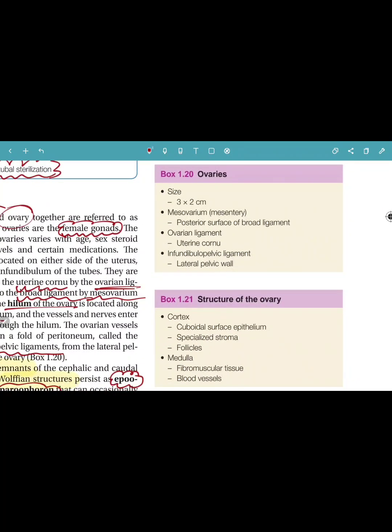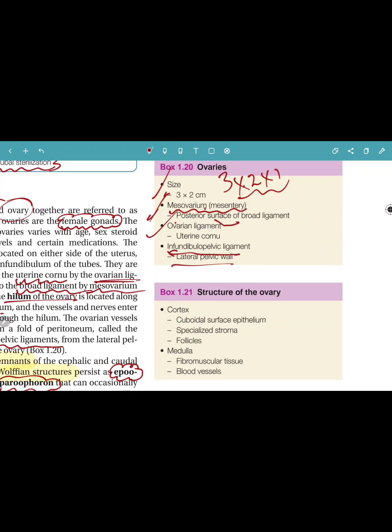So ovary in general, the size is 3 cross 2 cross 1 centimeter, and the mesoovarium which is a part of mesentery, is related to the posterior surface of broad ligament, and then the ovarian ligament is attached to the uterine cornua. The infundibular ligament is attached to the lateral pelvic wall.